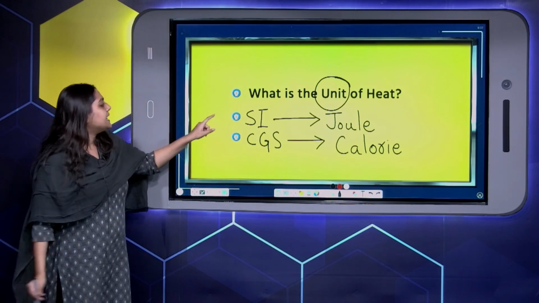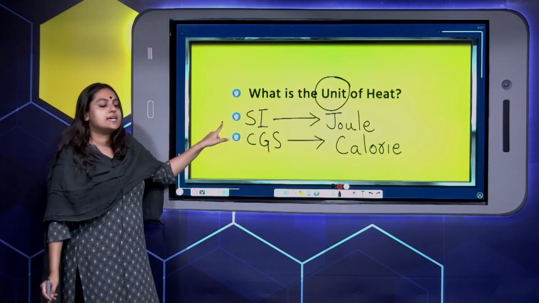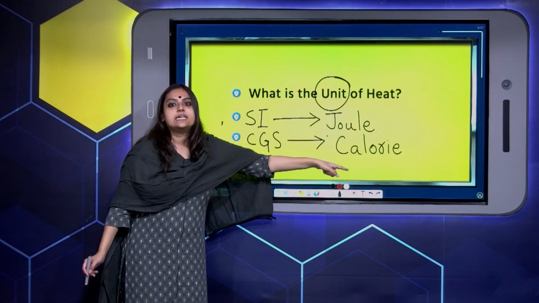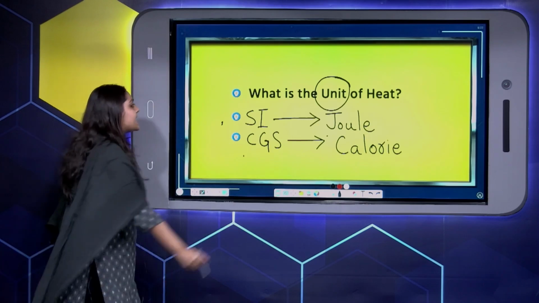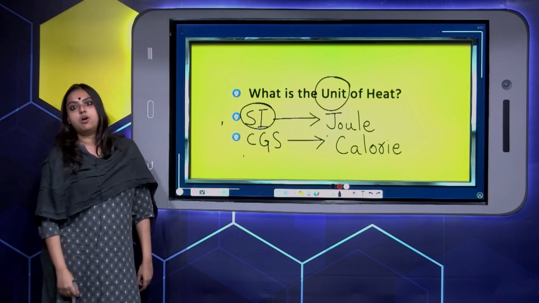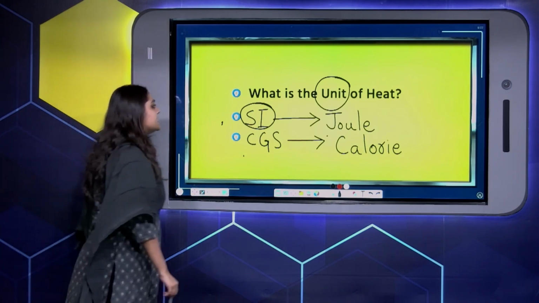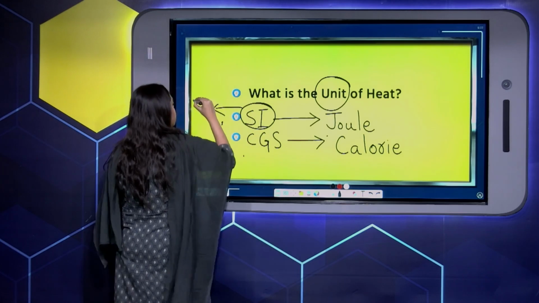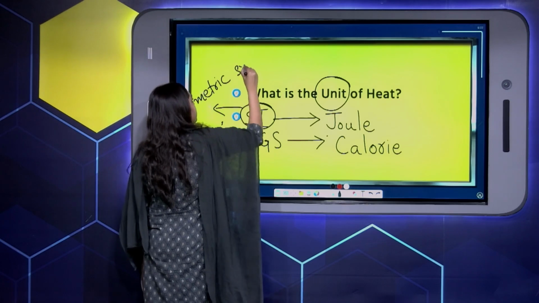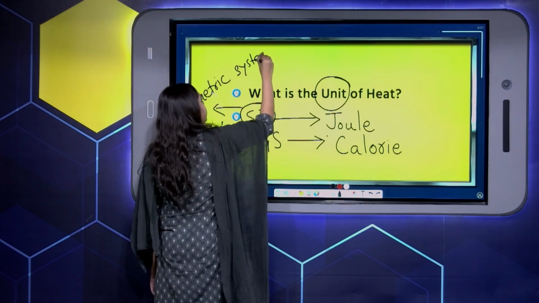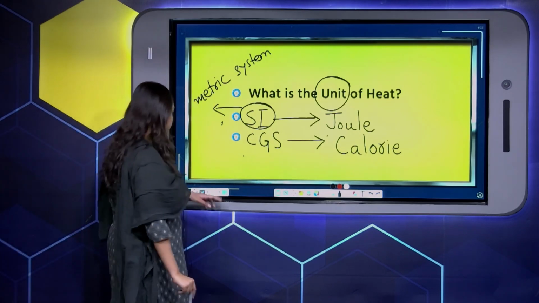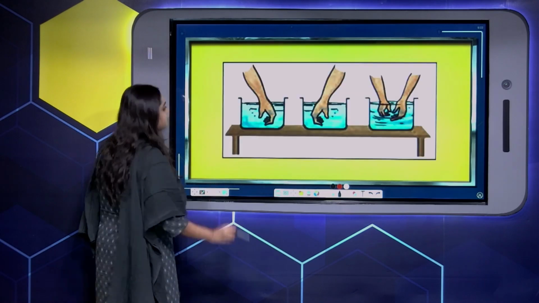So, what are the units? In SI system, the unit is joule, and in CGS system, the unit is calorie. Okay? SI means what? SI means International System of Units, right? It is also commonly known as metric system, right? And we come to the next slide.